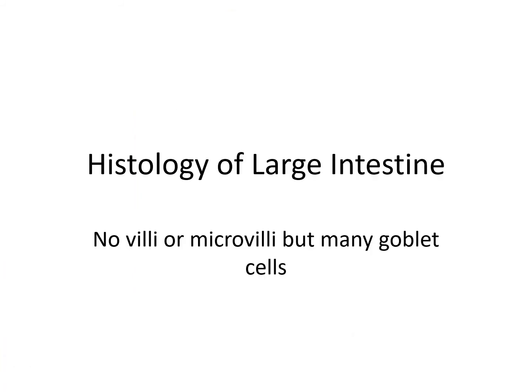Now, the large intestine has very unique histology, much different from other parts of the gastrointestinal tract, which we've talked about earlier. It doesn't have villi, it doesn't have microvilli, and because of this, it suggests that absorption is not a major function, but it has many goblet cells.